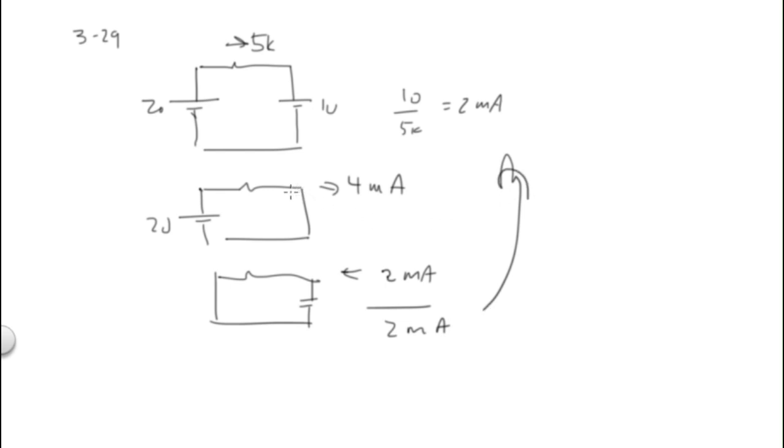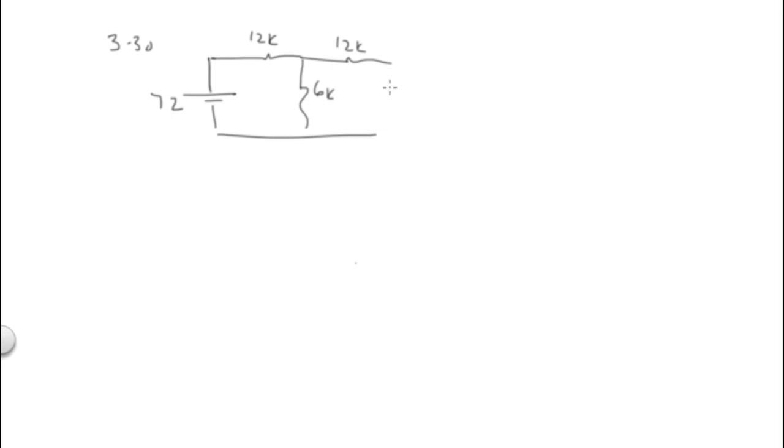Okay, so that gives me 29, 30. Here is a little bit more, 328C, so 330, and this one I have 72 volts, and I have 12K, and I have 6K, and I have 12K, and over here I have 24 volts.